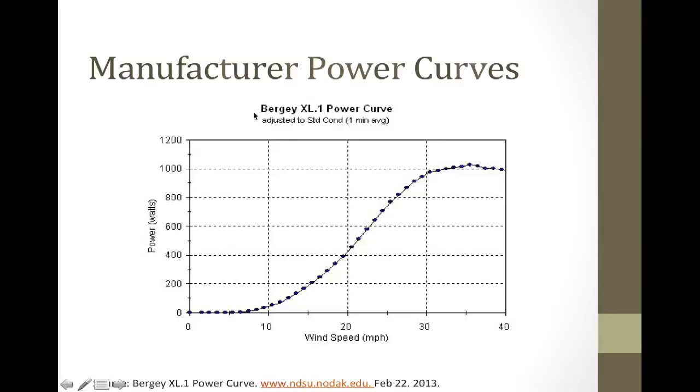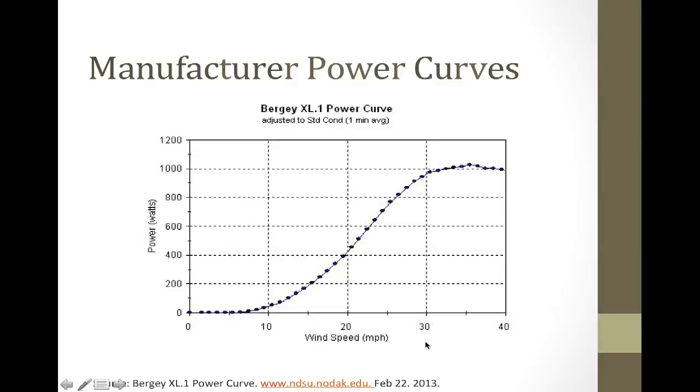So that 1 kilowatt machine is really only making 200 watts. By putting this power curve in the site assessment report, we'll be able to explain to the customer very clearly that the only time this 1,000 watt machine is going to be making 1,000 watts is when the wind is blowing, holy smokes, according to this, 30 miles an hour.